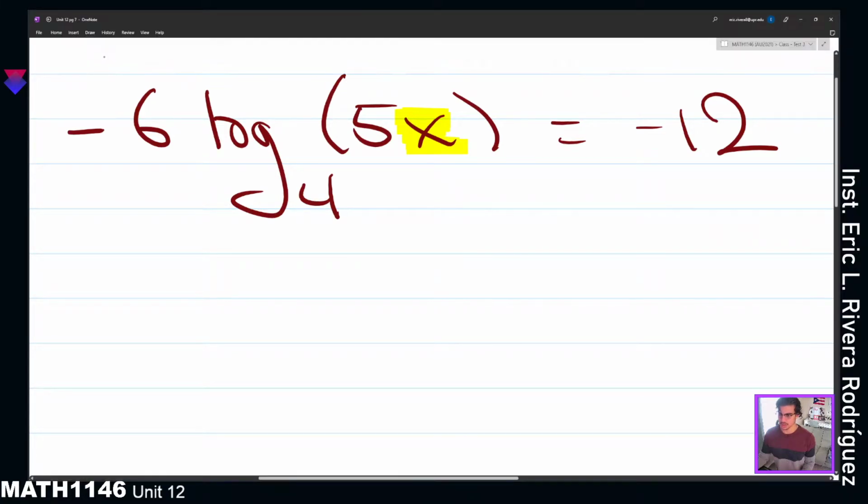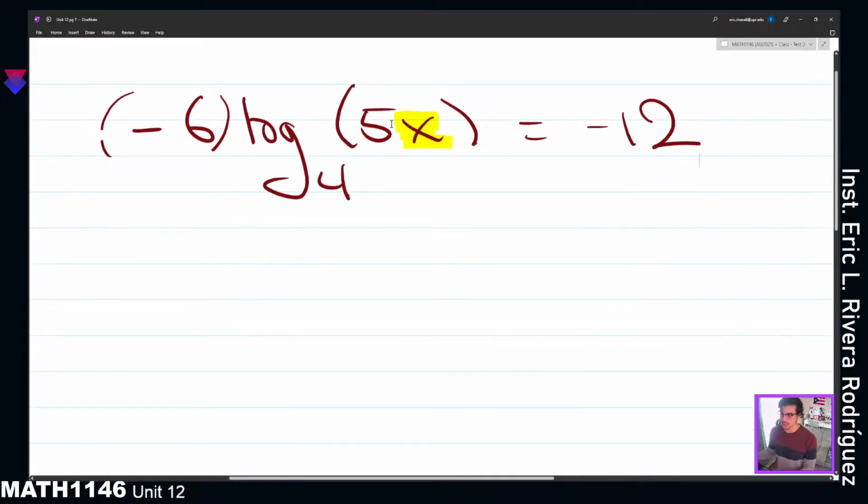So yes, the first thing that we need to do is to move negative 6. Okay, you don't want to put negative 6 in the exponent. Rachel is saying move negative 6 into the exponent of the argument of 5x.